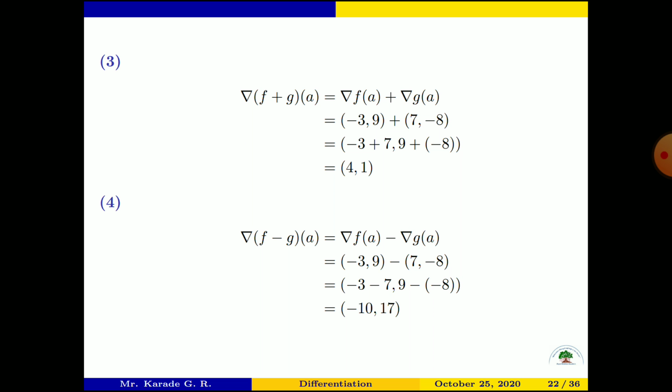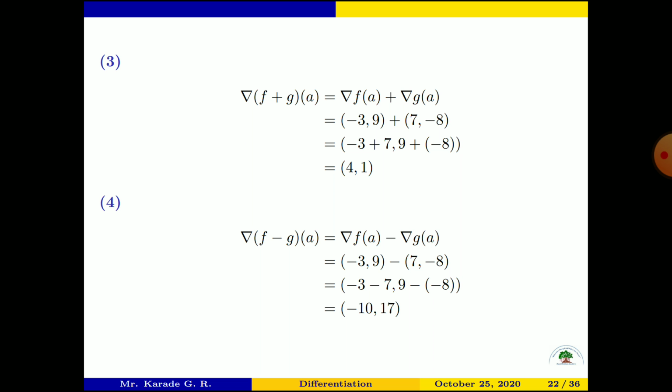We know how to add these two vectors: add the first component to the first component and the second component to the second component. So we get again a vector (-3 + 7, 9 + (-8)), which is equal to (4, 1).